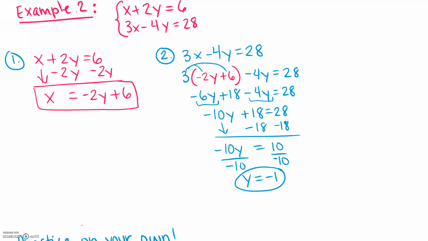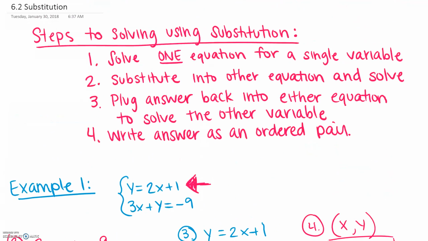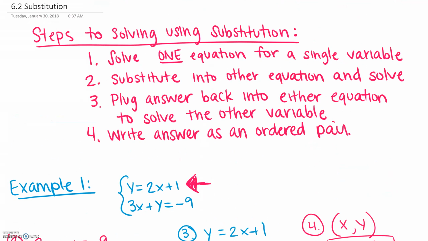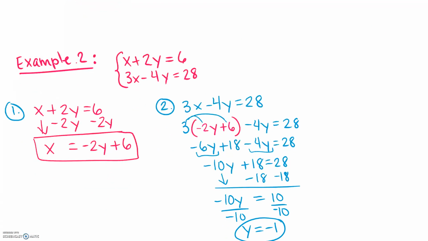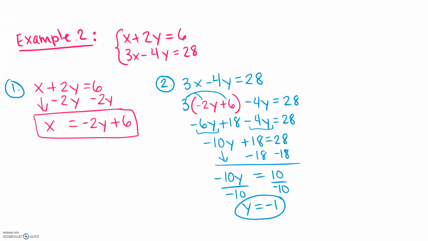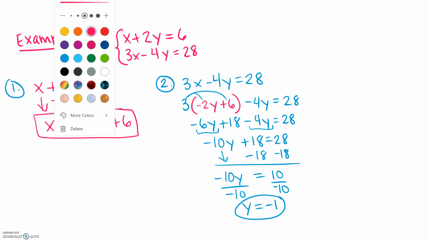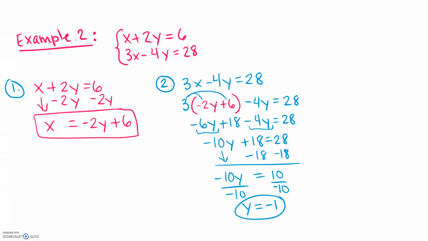So now we have a y value, and we've done steps 1 and 2. Step 3, we're plugging our answer back into either equation to solve for the other variable. Since we already have an equation solved for x in the first one, let's plug it back into this first equation over here. So I'm going to do step 3 over here, and we're going to use x equals negative 2y plus 6, because we want to know what x is.